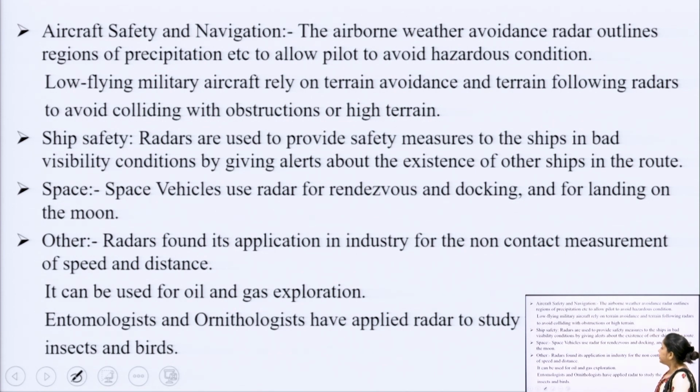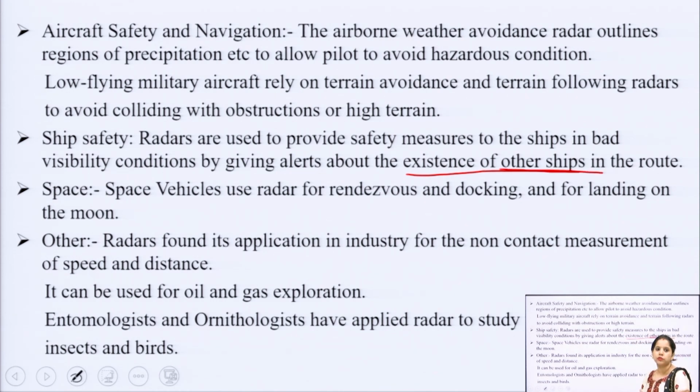Low flying military aircraft rely on terrain avoidance and terrain following radars to avoid colliding with obstacles or high terrain. Ship safety: radars are used to provide safety measures to the ship in bad visibility conditions by giving alerts about the existence of other ships in the route.